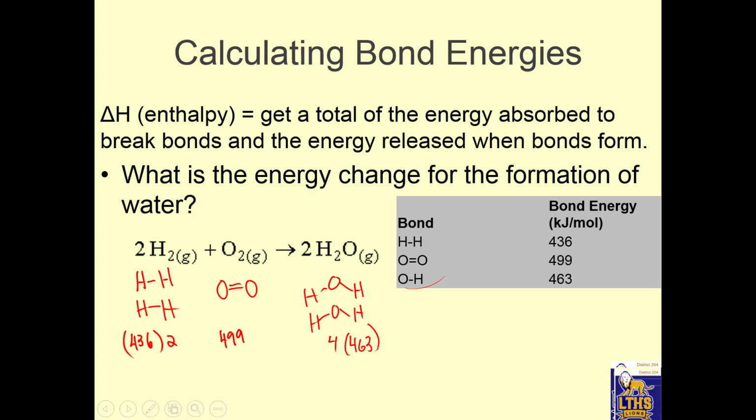If we do all that, then we find out that this is bonds breaking, so this is positive, and we get a positive 1371. This is bonds forming, all right, so all this is energy released. So 4 times 463 is 1852, and this is negative because it's released, because bonds are forming, and this is absorbed.